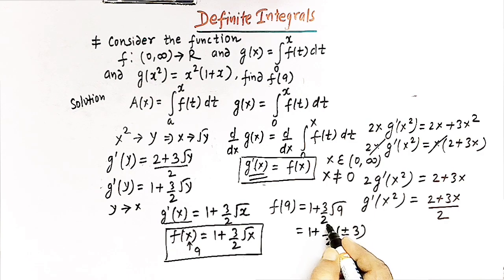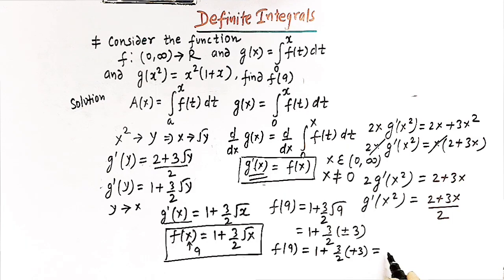So taking the square root of 9 as plus minus 3, and first taking the positive sign, we have f of 9 is equal to 1 plus 3 over 2 times positive 3. So we have 1 plus 9 over 2, that is (2 plus 9) over 2, that is 11 over 2. So f of 9 is equal to 11 over 2 when we have the positive square root, that is plus 3.